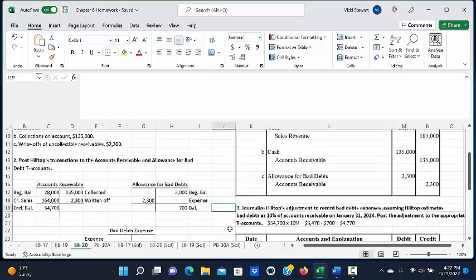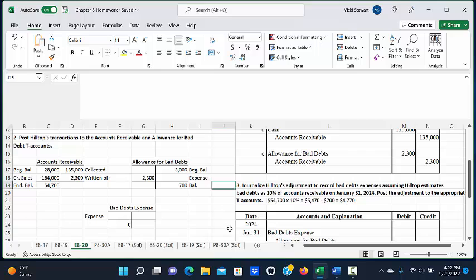In Part 3, it asks us to journalize Hilltop's adjustment to record bad debts expense, assuming that Hilltop estimates bad debts is 10% of accounts receivable on January 31st, 2024, and then to post the adjustment to the appropriate T accounts. So when we use the percent of receivables method, we take the amount that is in the accounts receivables and we multiply that by the 10%, and that gives us $5,470.